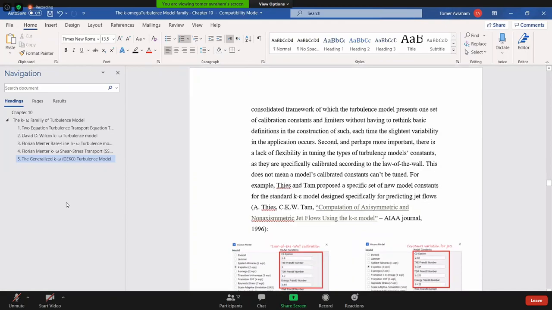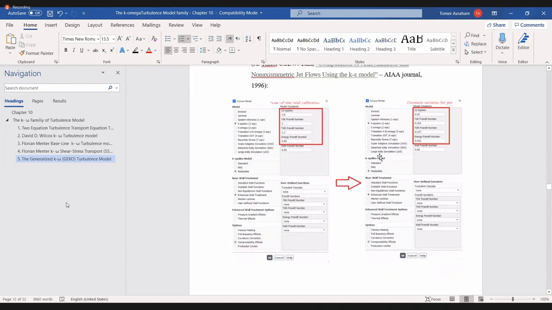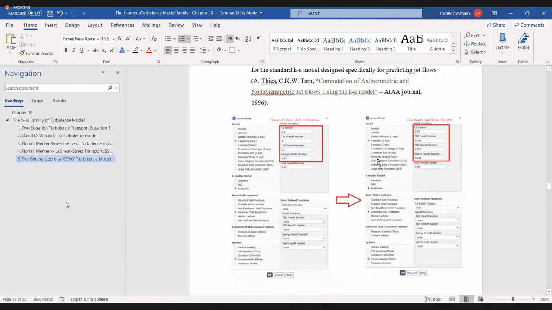I don't know if there is a future in this model, but here you see a specific case where, for a computation of non-axisymmetric jet flows, the k epsilon realizable model was validated to have better results than the k omega SST.